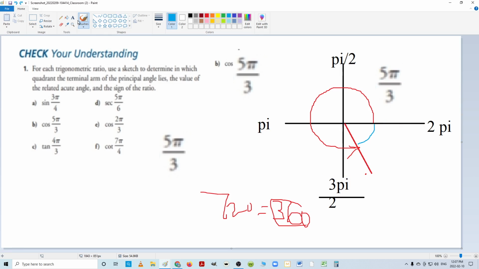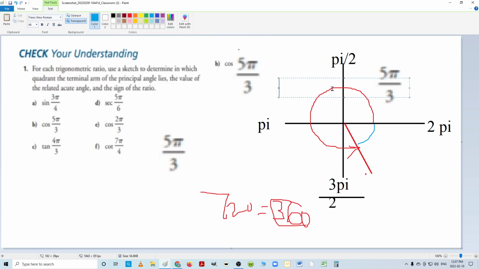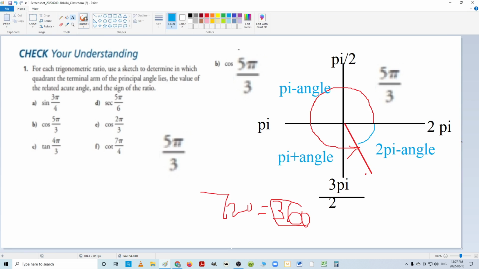So that's an easy formula to remember. If you end up in quadrant 2, it's always going to be pi minus your angle. If you end up in quadrant 4, it's always going to be 2 pi minus the angle you're looking at. And guess what? In this one, it's unique. It's pi plus the angle. That's because once we pass here, anything extra is past pi, so pi plus the acute angle will be equal to the full angle.